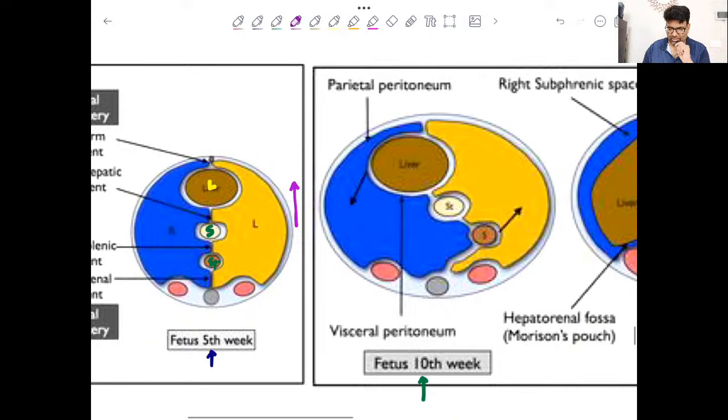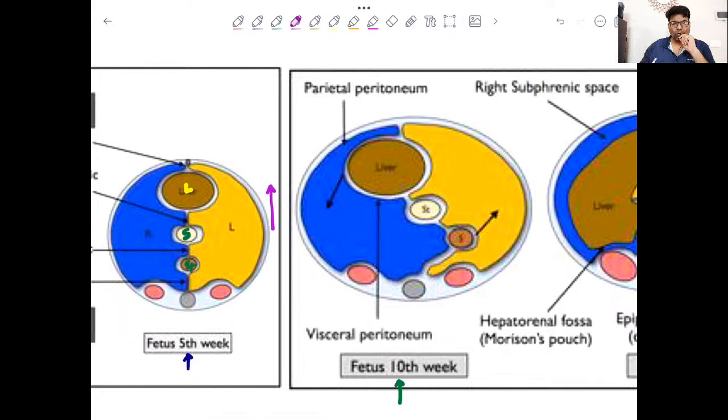But what happens later on is there is rotation of the gut, right? There is rotation of the stomach, and the ventral will come onto the right side and the dorsal will move to the left side. So there is rotation.